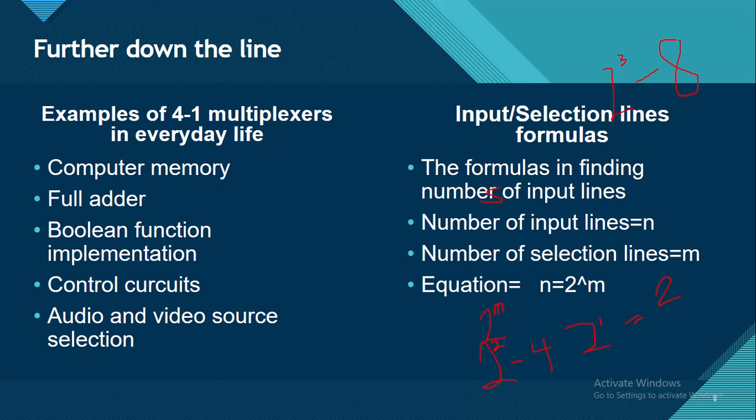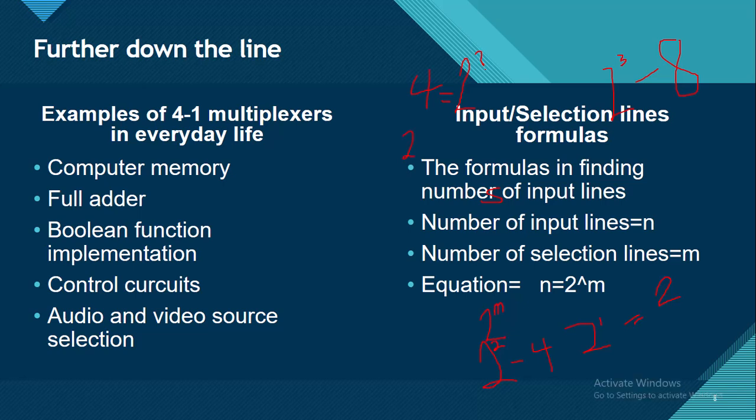So based on your selection lines, you can find your input lines, as well as the other way around. Sometimes you might have the input lines and want to find the selection lines. You can do that too. If I have 4 input lines, giving me 2 raised to the power of a question mark on the selection lines, I would break this down into the same base.